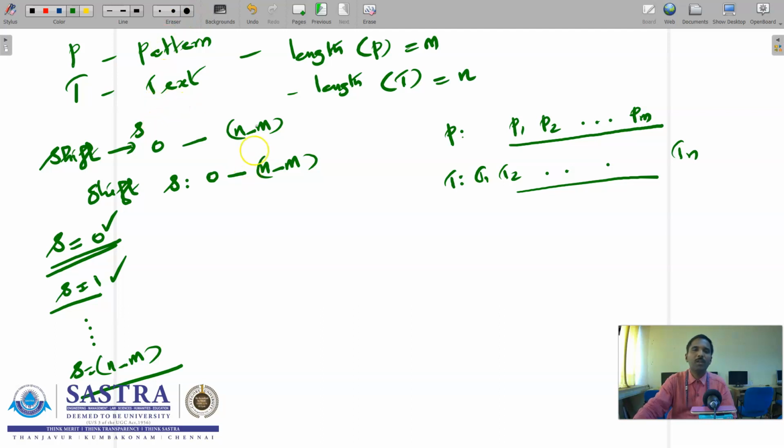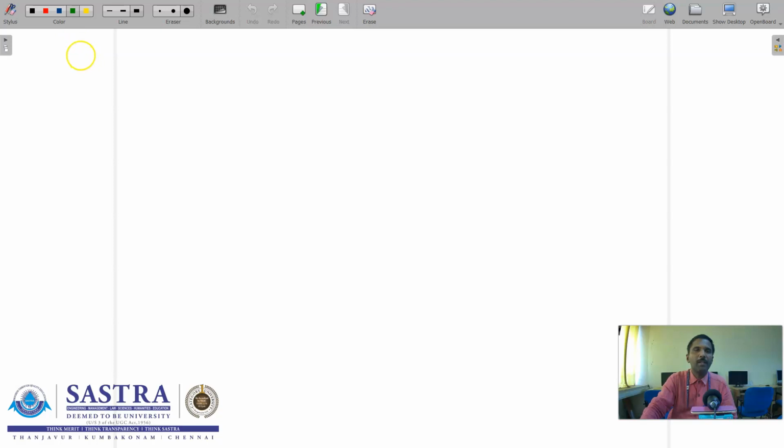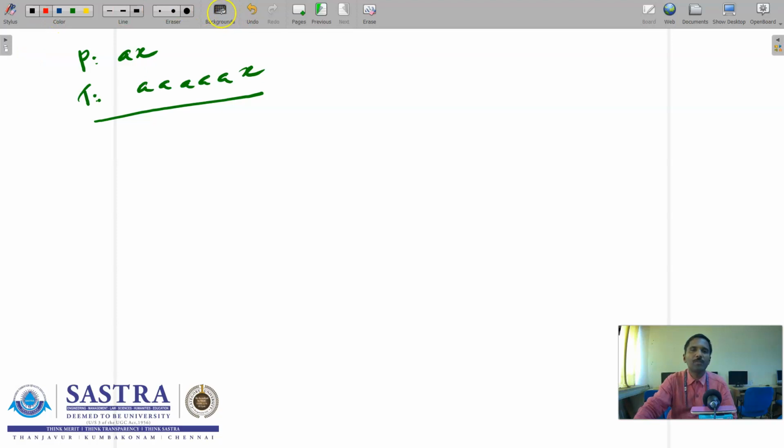For example, if the input is pattern P equal to AX and text array T is, for example, AAAAAX. Let's check if the worst case occurs and we find the maximum number of comparisons.